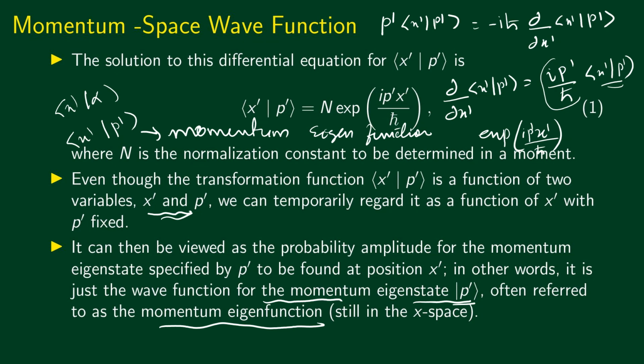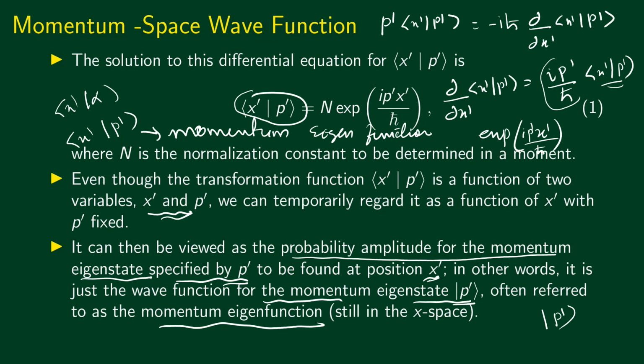And what does this bra x prime ket p prime give us? It is the probability amplitude for the momentum eigenstate specified by ket p prime to be found at position x prime. So we are talking about a system which is in a momentum eigenstate. The state of the system is a definite momentum state. It has a definite momentum.